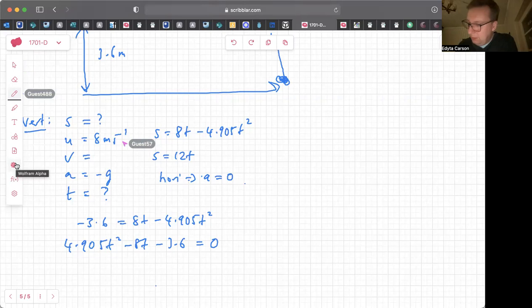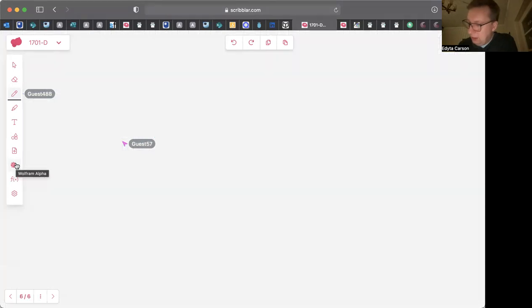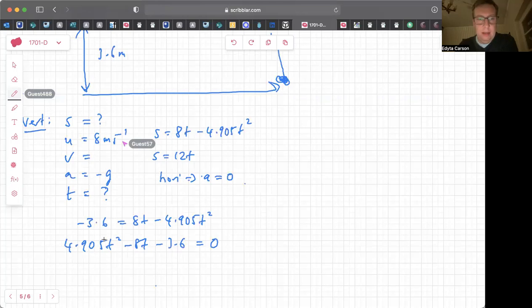So solve this horrible quadratic, please. 4.905 x squared minus 18 x minus 3.6.